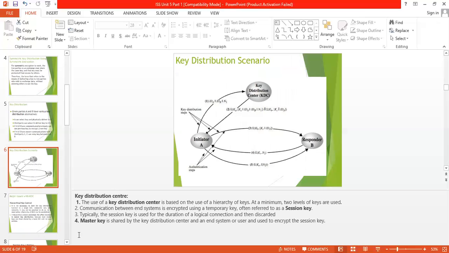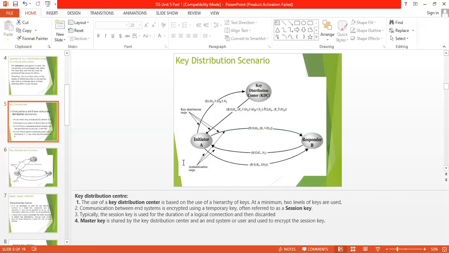The communication between end systems is encrypted using a temporary key, often referred to as a session key. The session key is used for the duration of a logical connection and then discarded. The other is the master key, which is shared by the key distribution center and the system or user to encrypt the session key.